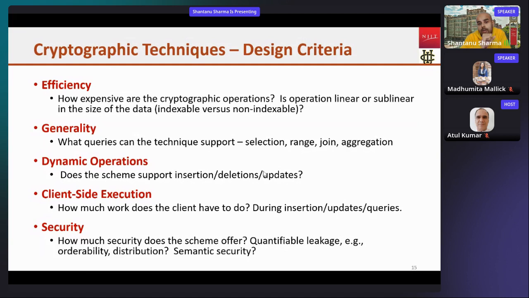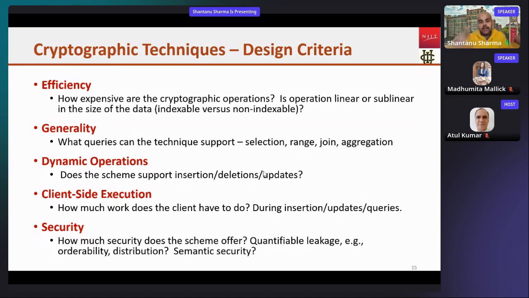This is not a very optimal strategy. Some techniques are indexable, but they require multiple rounds between the user and the cloud to traverse the index. So there is not a very efficient searchable indexable technique that can search over the encrypted data just like we are searching over the clear text data.